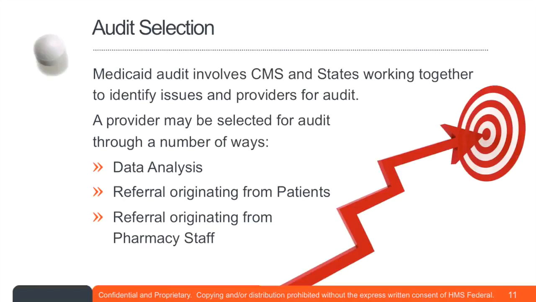So there are a number of ways, again, data analysis. A pharmacy may be selected for an audit because a patient reported or referred the pharmacy for audit. Maybe there's pharmacy staff who reported or referred that pharmacy also. Just a few reasons why the pharmacy is selected.